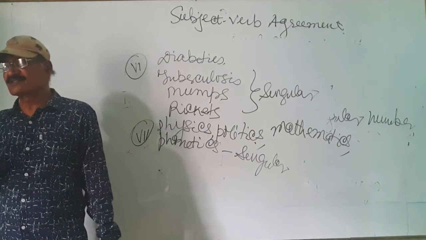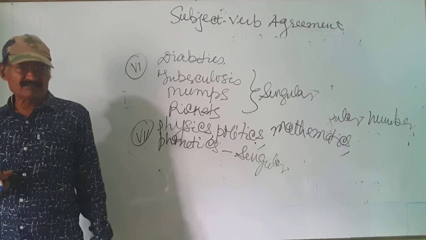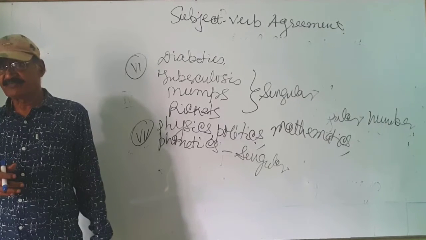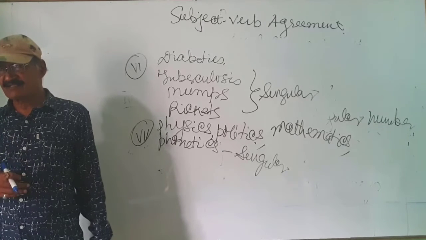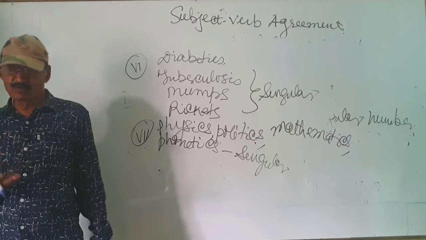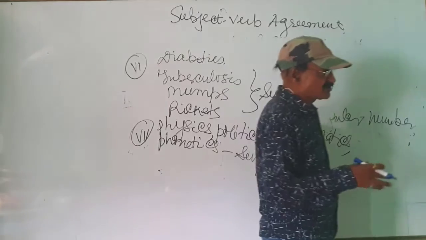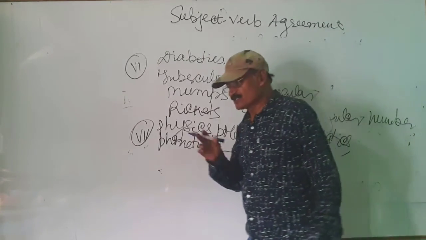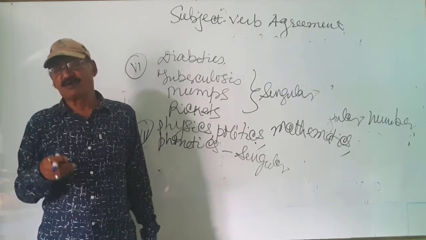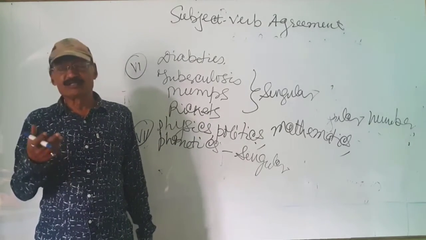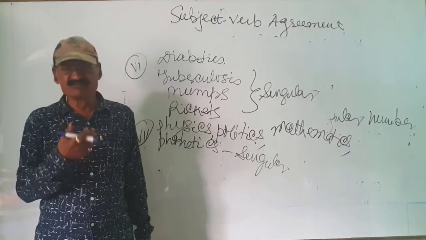Mathematics is an interesting subject. Physics is a hard subject. Phonetics is considered to be a good subject. So all these subject names which end with S or ES can be used in the singular. Some of the diseases, some of the games, some of the subjects' names, although they seem to be plural, can be used in the singular.